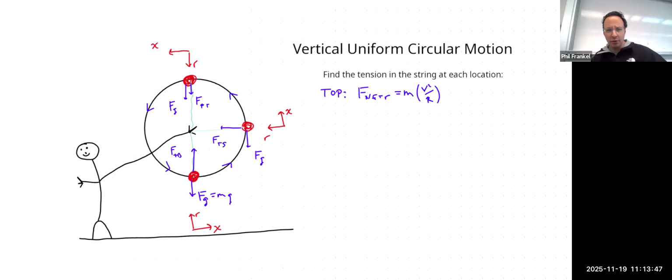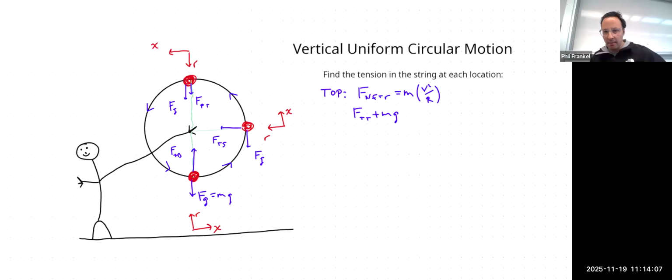Now I see at the top of the circle both the tension force, F_TT, and the gravitational force, mg, both point in the positive r direction.